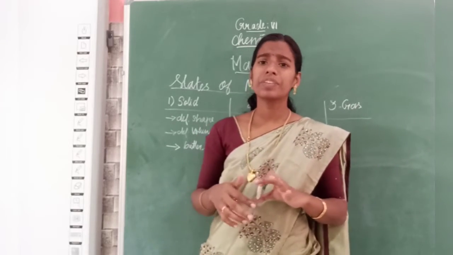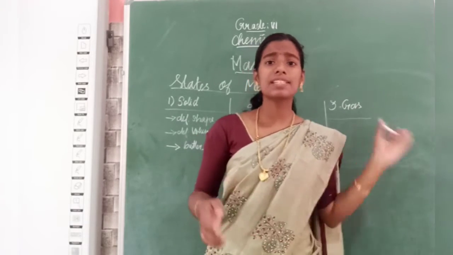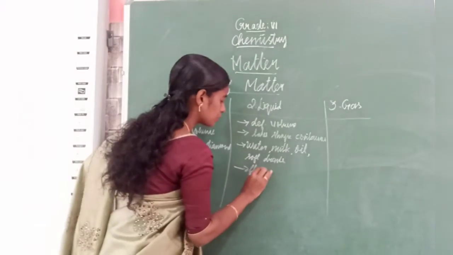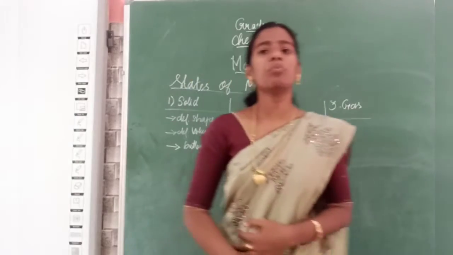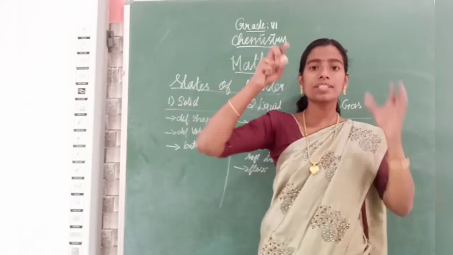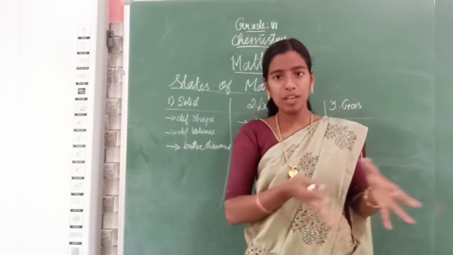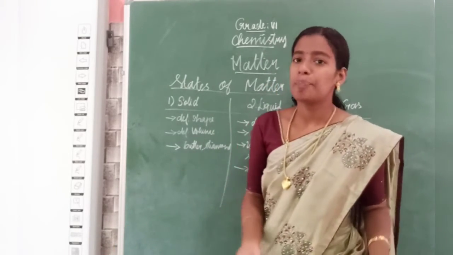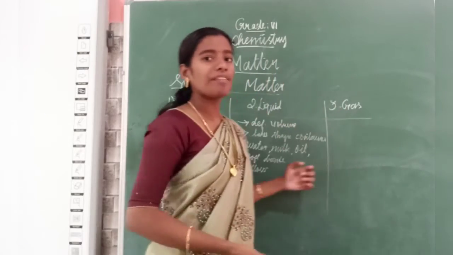And this liquid can flow from one place to another place. When you pour this liquid down, it will not stay in the particular place. It will spread. It will move from one place to another. These are all the properties of liquid.